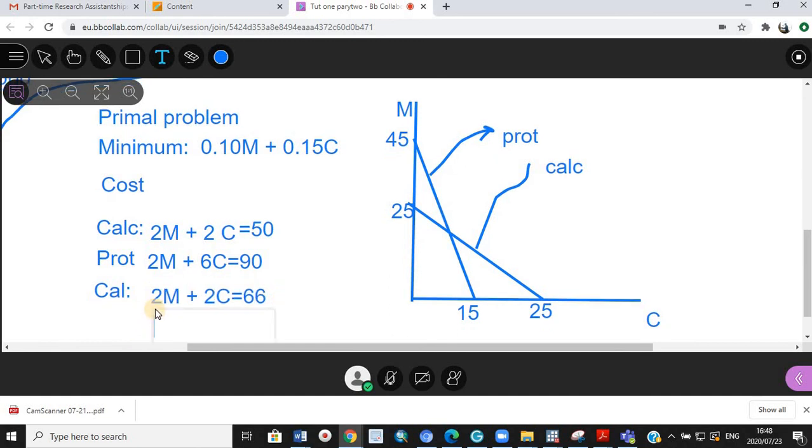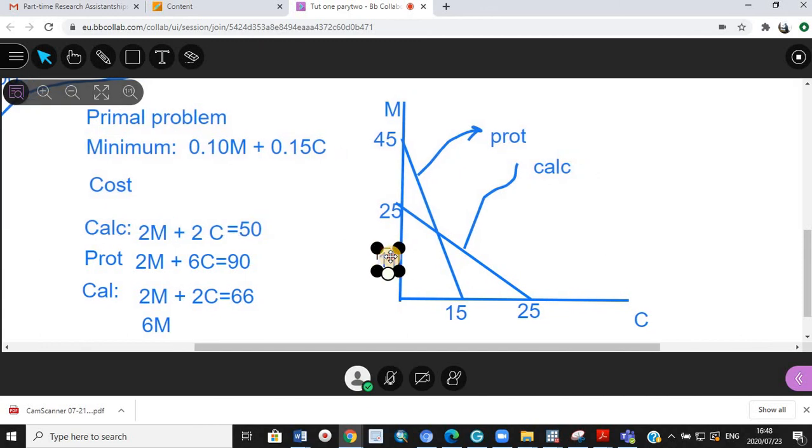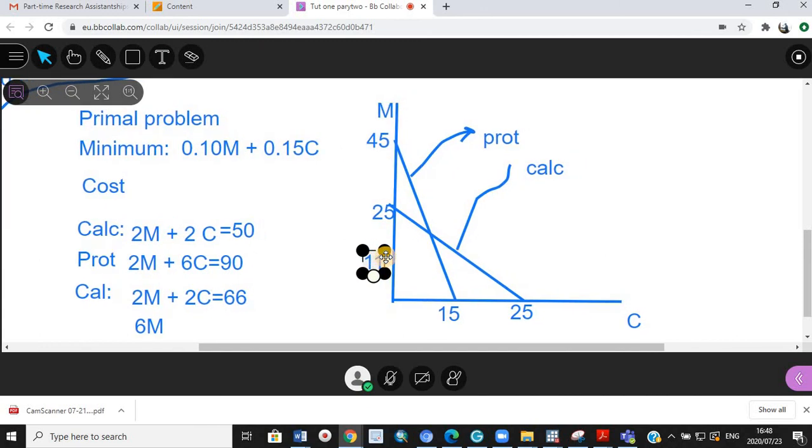Okay, I'm just going to say 6M, please correct it. So we'll say 66 divided by 6, 11. All right. So it is 11. Just do this. It is 11. All right.